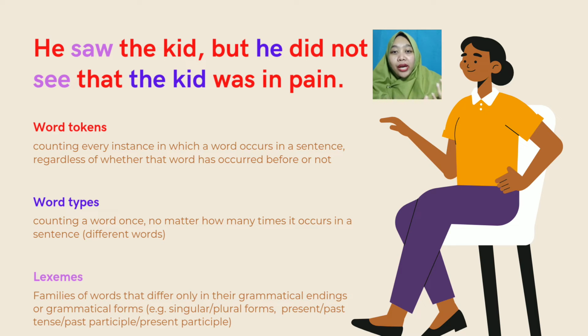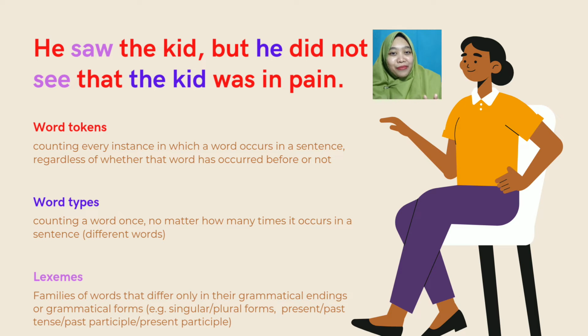The way you count words determines what kind of words you are counting. For example, if you are counting the running words, or you count every single word in a sentence, regardless of whether that word has occurred before or not, it means that you are counting word tokens.